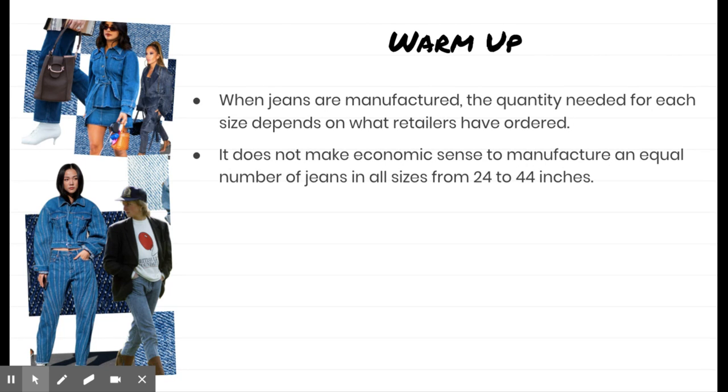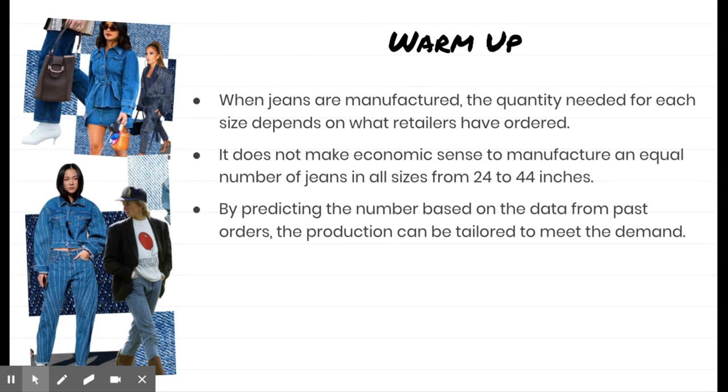So it does not make economic sense to manufacture an equal number of jeans in all sizes from 24 to 44 inches, because a lot of people might be in the middle. There's a very small amount of people who are extremely skinny, or maybe fewer plus size people.